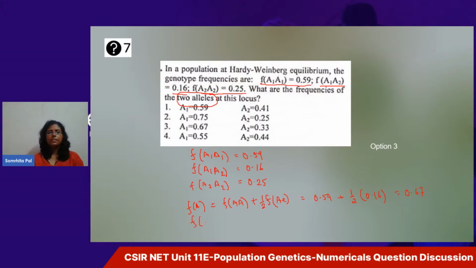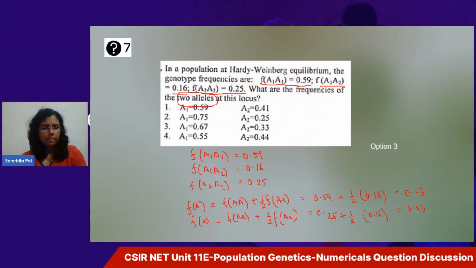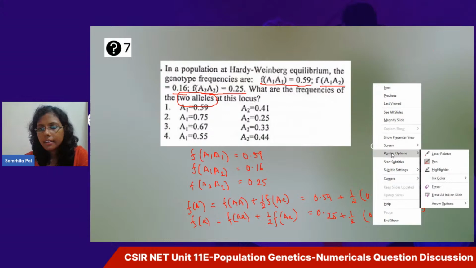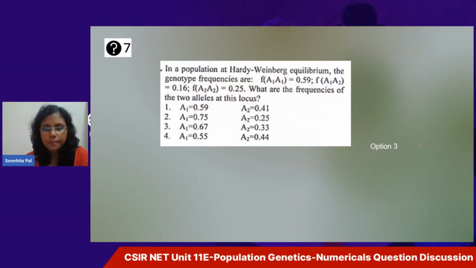Next, the frequency of small a is equal to the frequency of small a plus half of the frequency of heterozygous, which is 0.25 plus half of 0.16. That will give me the answer 0.33. Isn't it very simple? Nothing to think much about. So let's move to the next question.